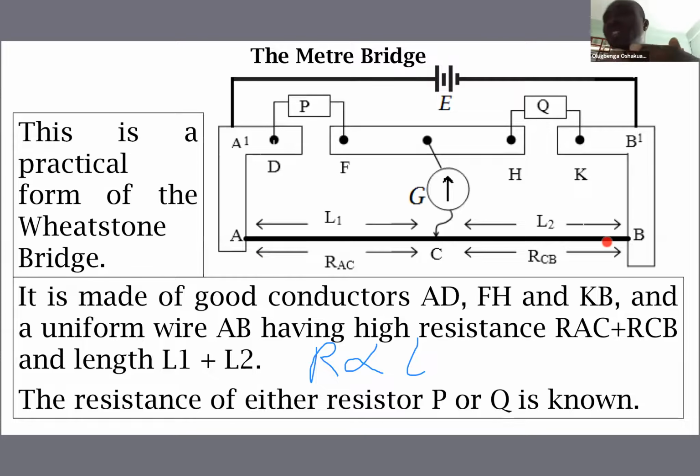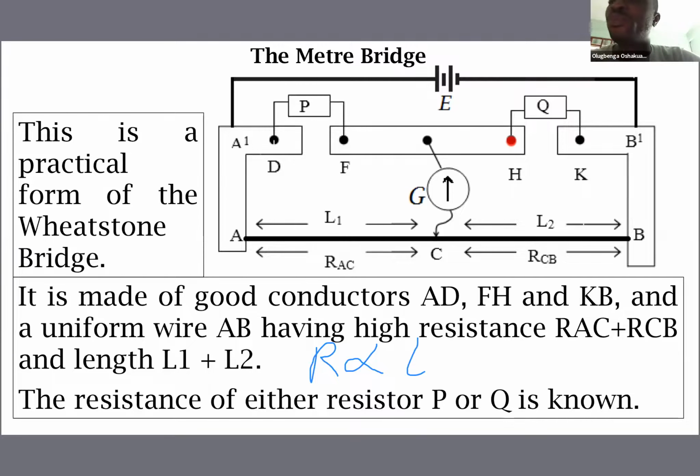We can now try to determine at what point on this wire will have the same potential as we have in between P and Q. At what point on this wire will have the same potential as we have between resistors P and Q.